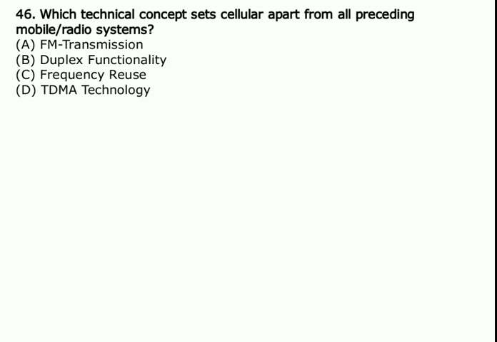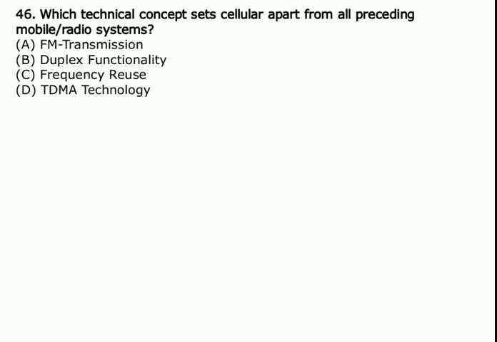Which technical concept sets cellular apart from all preceding mobile or radio systems? Option C is the correct one, that is frequency reuse. Frequency reuse is a technical concept that sets cellular systems apart from earlier mobile and radio communication systems.